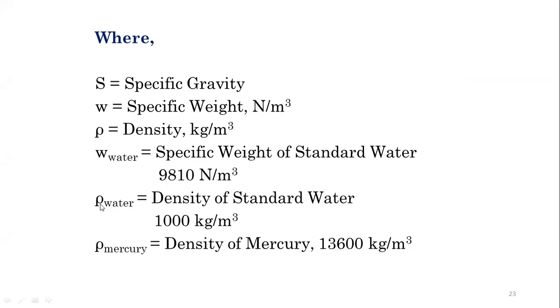Density of water is denoted by rho W. And the density of mercury, why are we taking mercury only? Because in many places for finding pressures in pressure measuring instruments, we use manometric fluid, nothing but manometers. The manometric fluid will mostly be mercury. So that's why we have to remember this always. The density of mercury is 13,600 kg per meter cube.